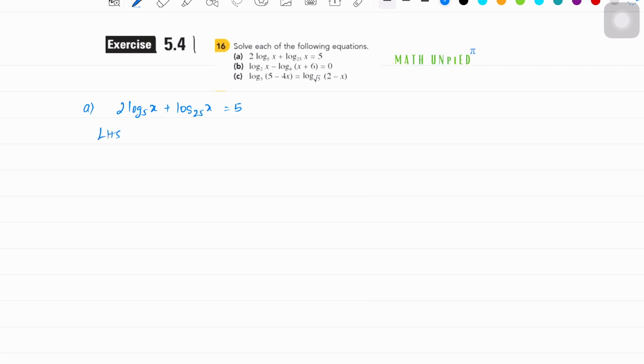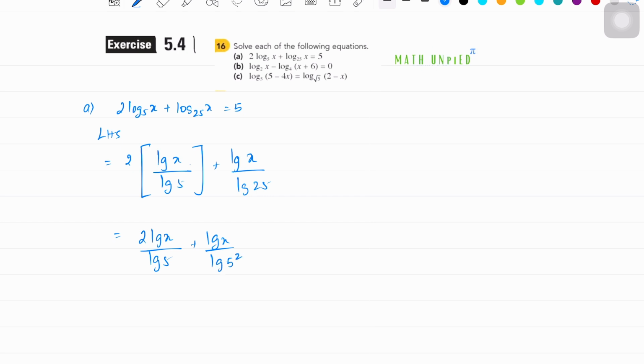LHS equals 2 times log x over log 5 plus log x over log 25 using simple change of base rule. Now this is 2 times log x over log 5 plus log x over log 5 square.